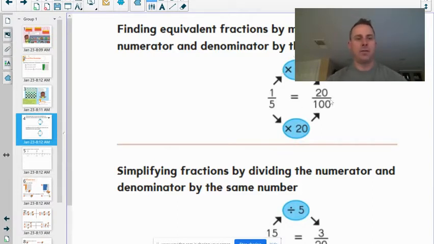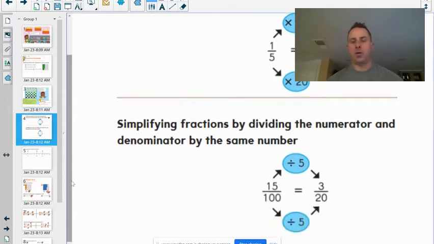It works the same way when you're going from a larger fraction to a smaller one, when you're using that idea of simplifying, reducing, in lowest terms. We teach those three terms. They're synonyms. They mean the same thing, and you'll hear them in a variety of ways as you move forward as mathematicians: simplifying, reducing, lowest terms. Simplifying fractions. Let me grab a pen here.